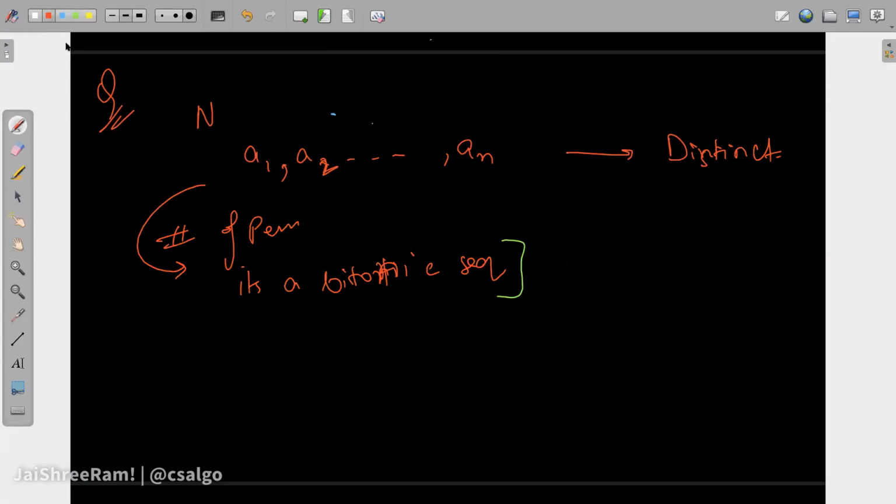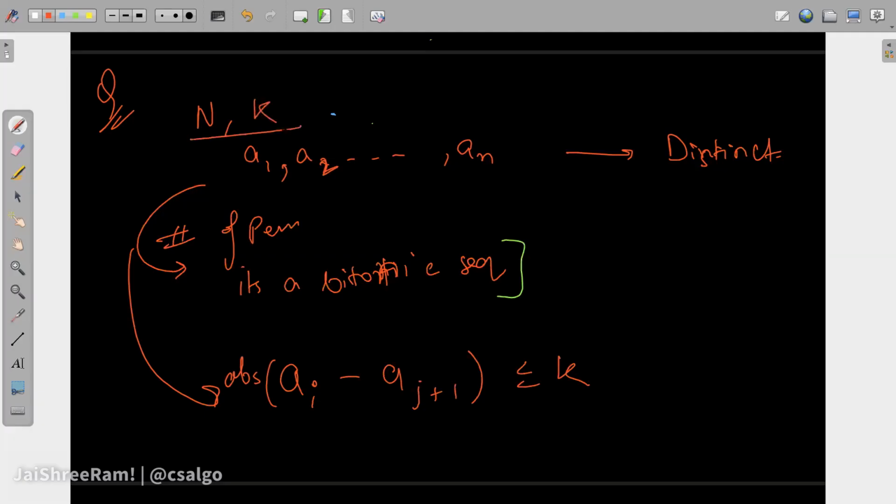The second constraint on the permutation is, once you permute it, let me write it this way, abs of a of I and a of I plus 1 should be less than or equal to some particular given value k. So these are the two constraints.